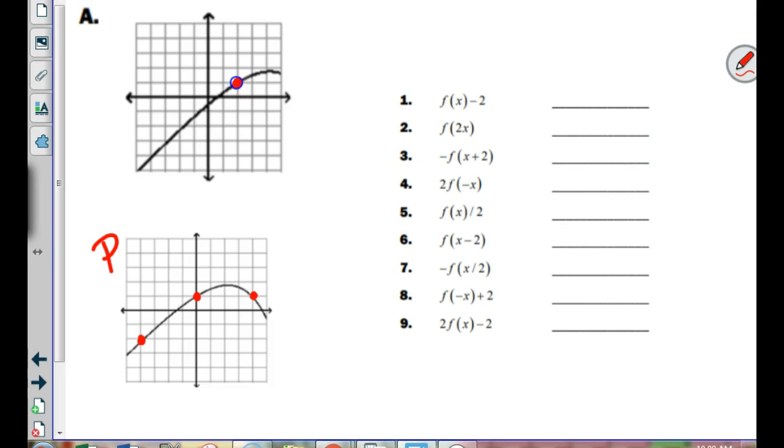It appears that this point is here, where it was almost crossing. This is maybe over here. So what do you think? Right a couple? Yep. Which one would be to the right a couple? Yep.